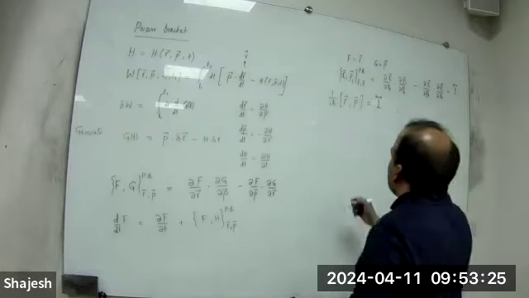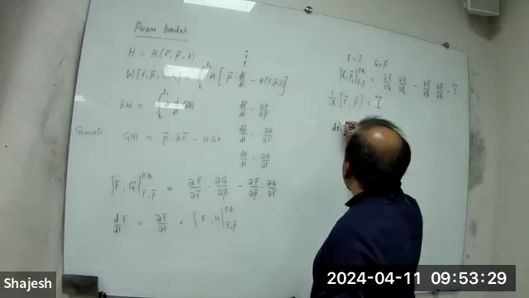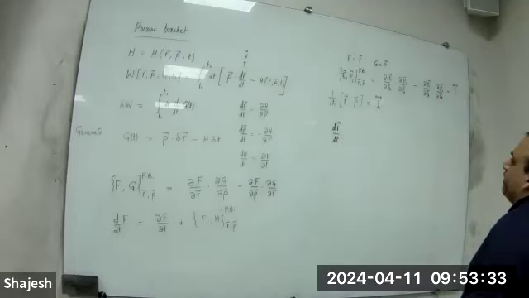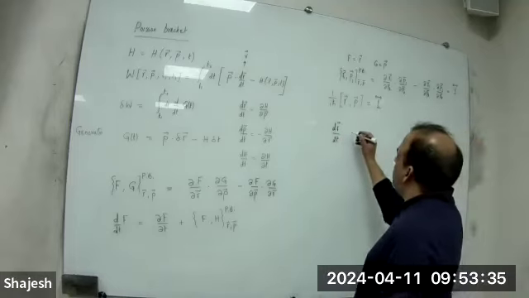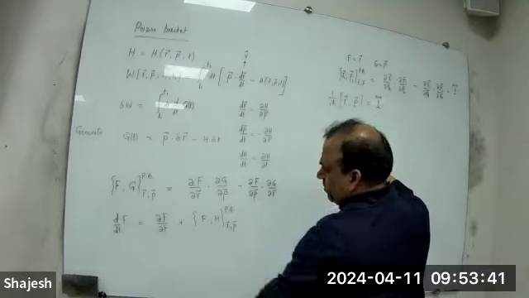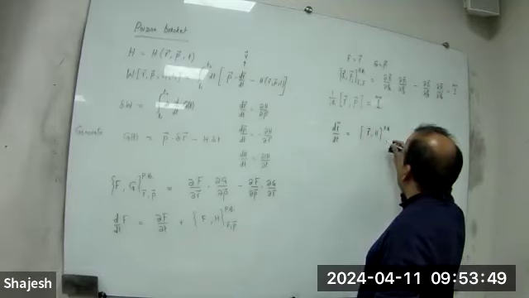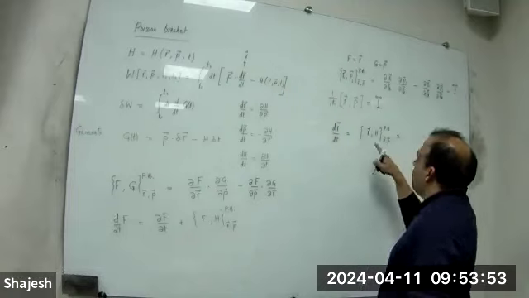Now that we have this connection between the Poisson bracket and quantum mechanics, dr/dt would be equal to the Poisson bracket, because the partial derivative with respect to t is 0. So the Poisson bracket of r and the Hamiltonian.